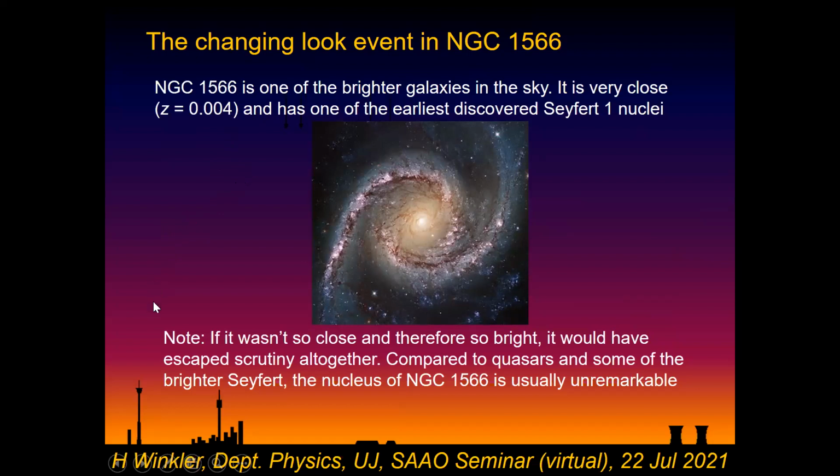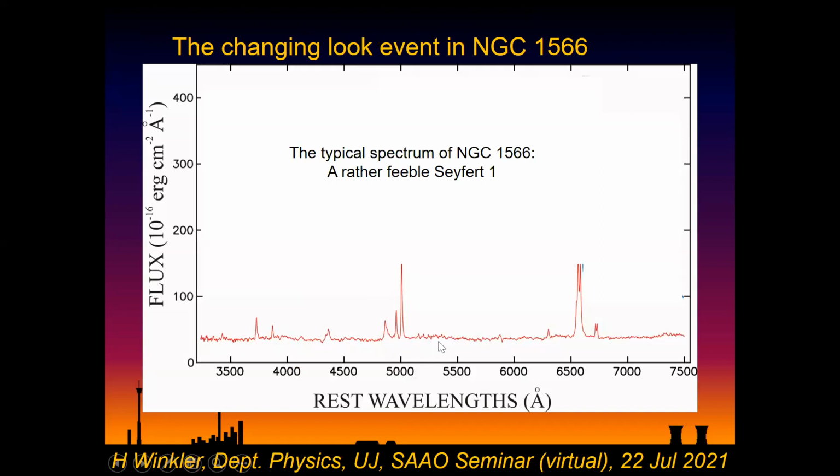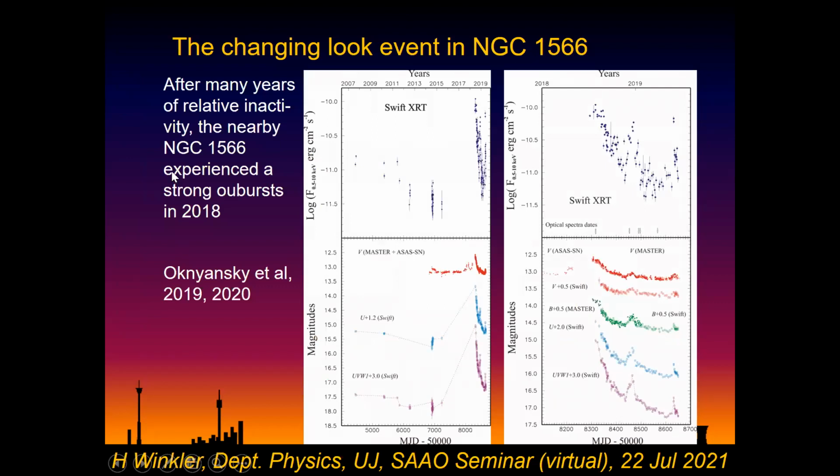And there's nothing particularly remarkable about it. We only know about it really because it's so close and bright. And this is what its spectrum looks like. Now, for people that have worked a lot with quasars, this is actually very boring. There's very little going on here. So normally you wouldn't spend too much time on one of these. So let's see what then happened.